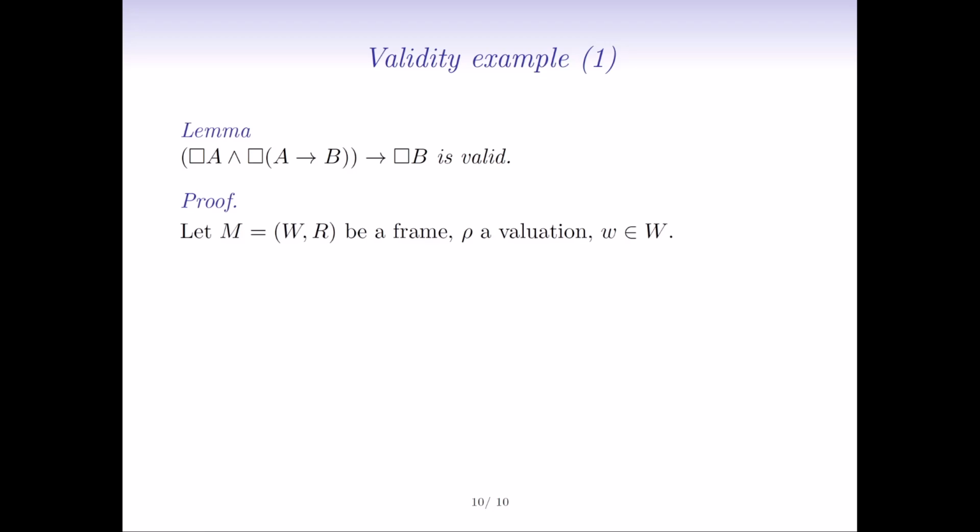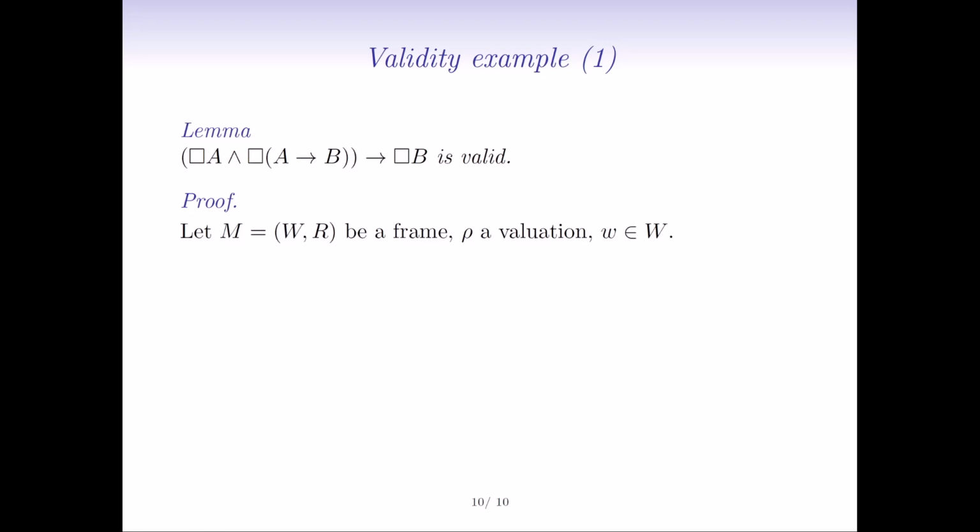So let's pick an arbitrary frame, and we're not going to assume anything about it other than that it is a frame. We'll pick an arbitrary frame, nothing special about it, and we'll call that M, with worlds W and relation R. Now, we have to show that the formula is valid in that arbitrary frame. To show that it is valid in that frame, we have to show that it is true under all possible valuations for the frame and at all possible worlds in the frame.